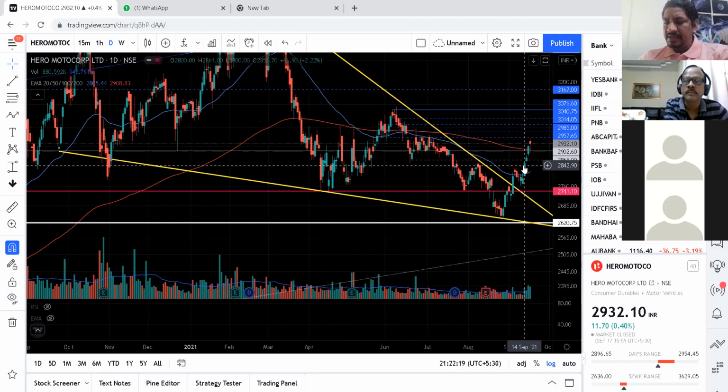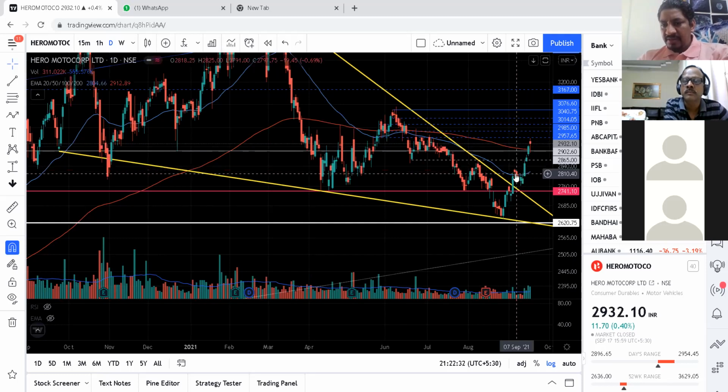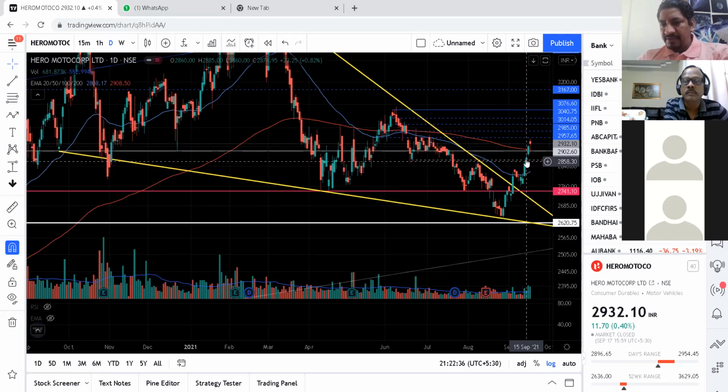So somewhere here we could have taken some entry, and now I will keep trailing, looking at all the important resistances and how the price is behaving. For example, this is a 50-week average. Price will face a resistance at 200. Luckily, it has crossed here, and now it is at the 200 EMA.